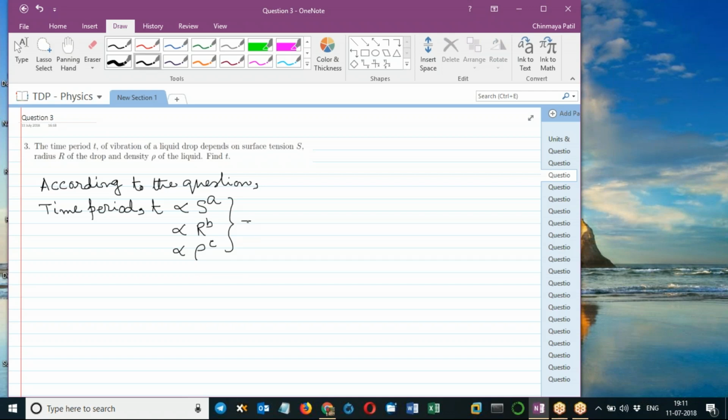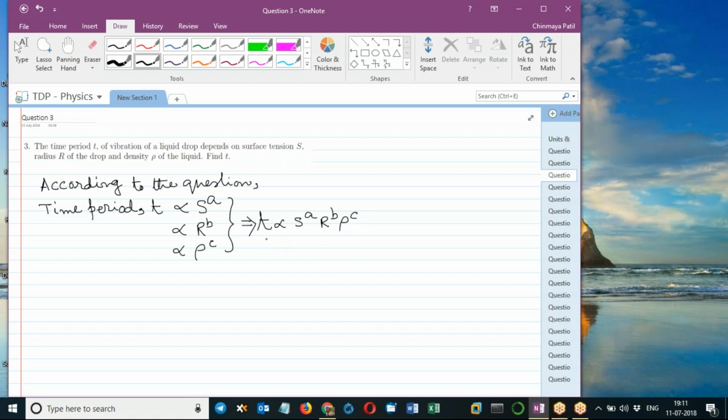Now if we club together, what can we write? T is proportional to S power a, r power b, and rho power c.